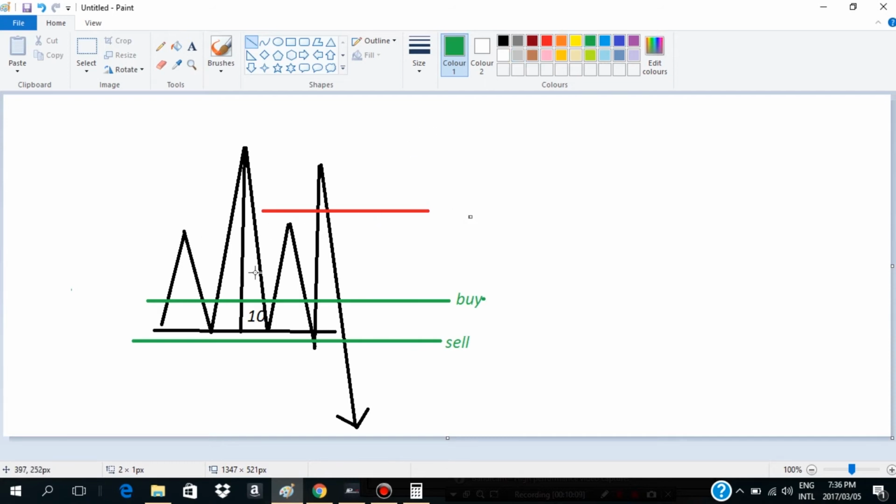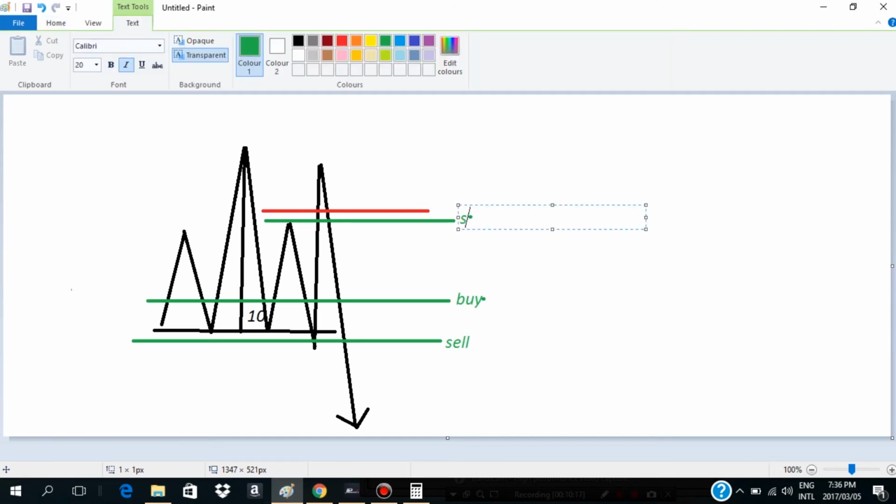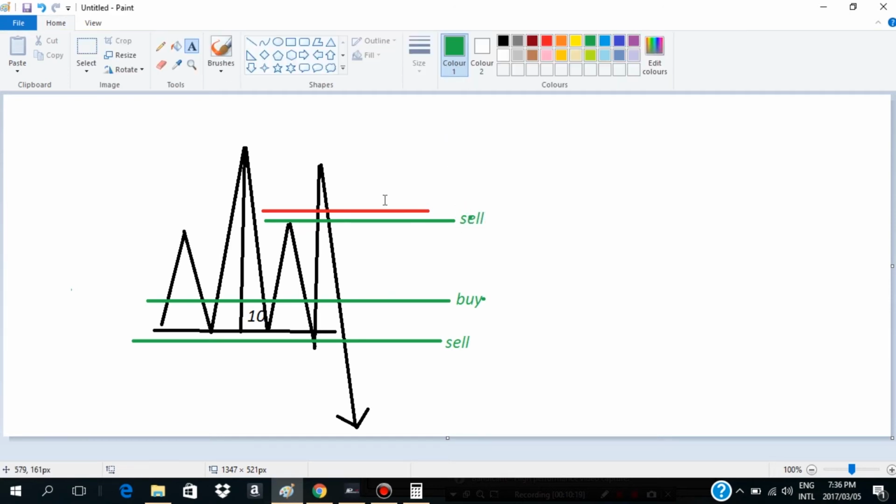And then at that point, you want to sell again. But this time, when you sell, you will be getting everything from your sell down to the take profit you had originally set for your first sell.